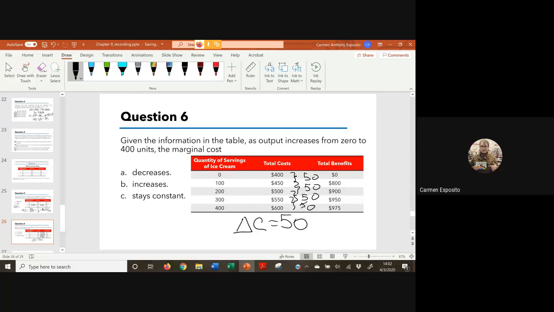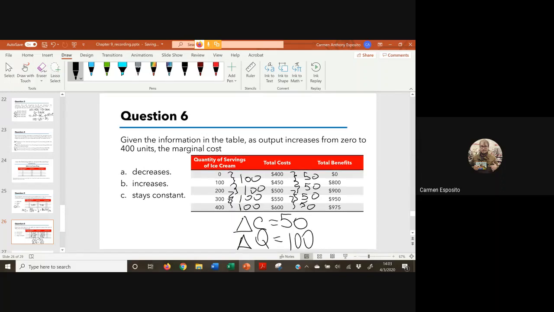And let's look at what's happening with quantity. Well, this is going to be 100, 100, 100, and 100. And since change in quantity is just 100, that means regardless, you're going to have the same marginal cost. And so we say marginal cost is constant.